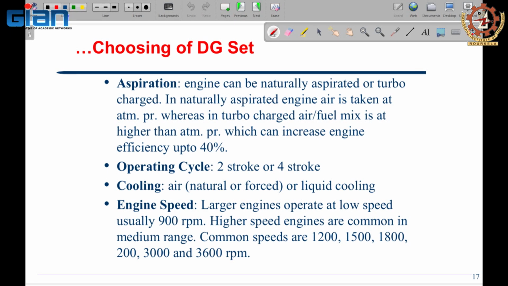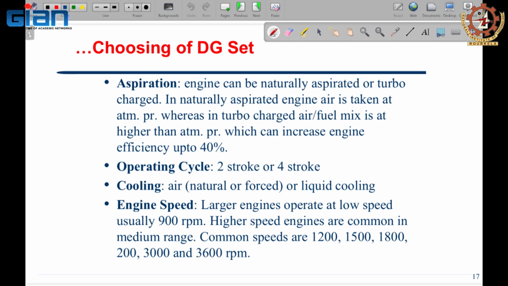Okay. So this is what we call the aspiration, whether it is naturally aspirated, where at natural atmospheric pressure you take air, or it is turbocharged. Okay. So then talking about the operating cycle.